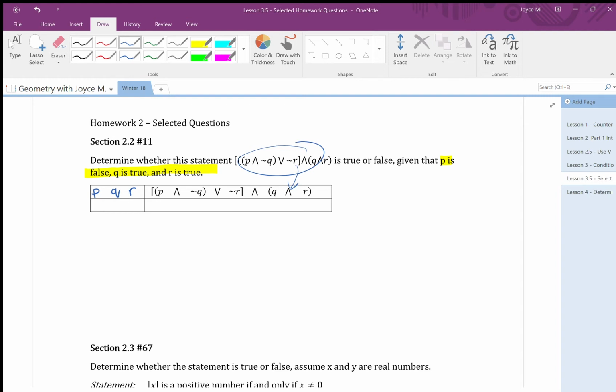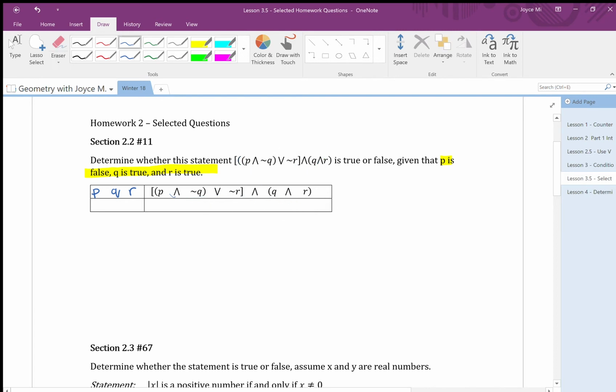We look at the things most inside the parentheses, look at simple components and the connectors, then look outside the parentheses, which is the bracket. So the last thing I look at is the connector connecting both components together. This will give me the truth value of the whole statement. So let me do it.